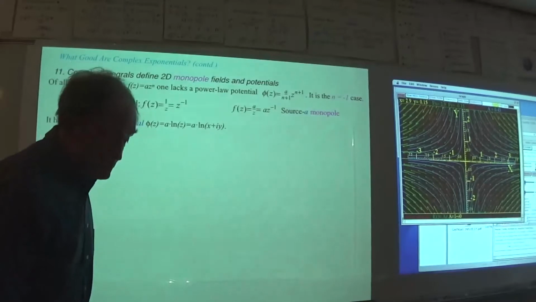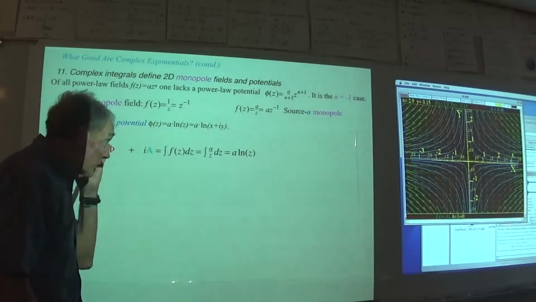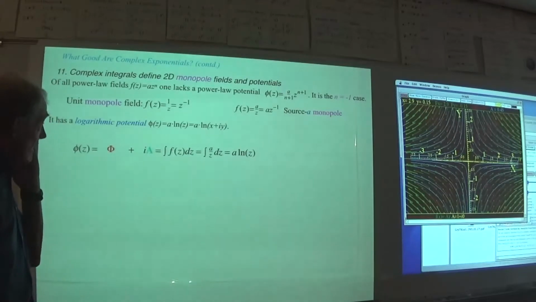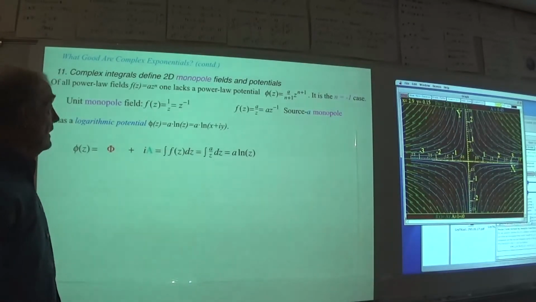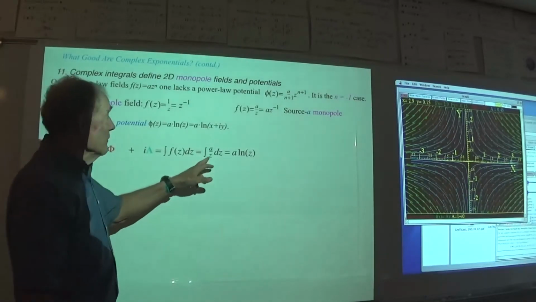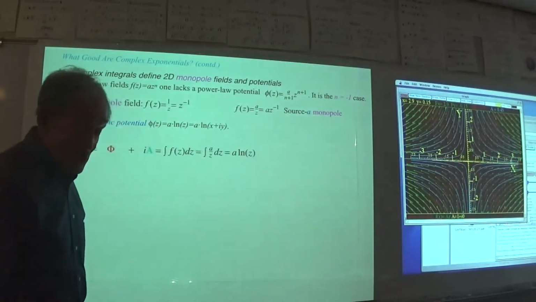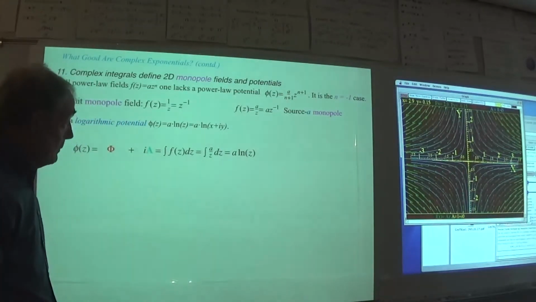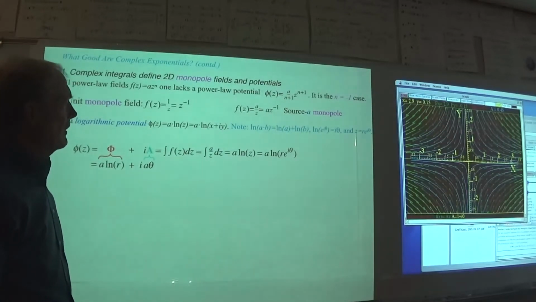All right, let's go ahead and work out the scalar and the vector potential that goes with this. We've got a phi, we've got an i A for every one of these things when we integrate. So we've got to turn this thing right here, a log z, into two parts. It's got a real part and an imaginary part.